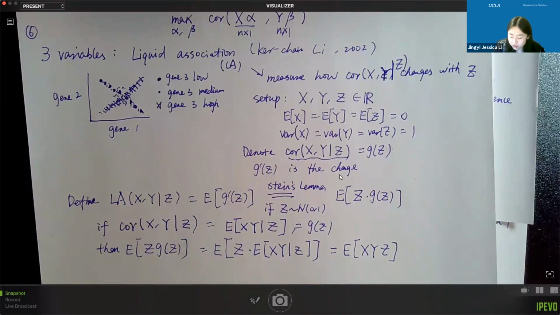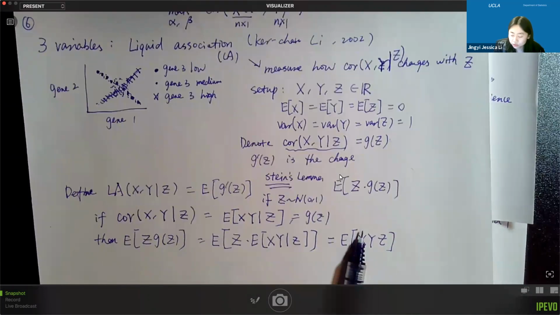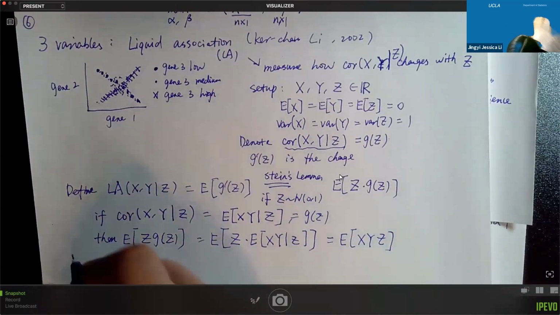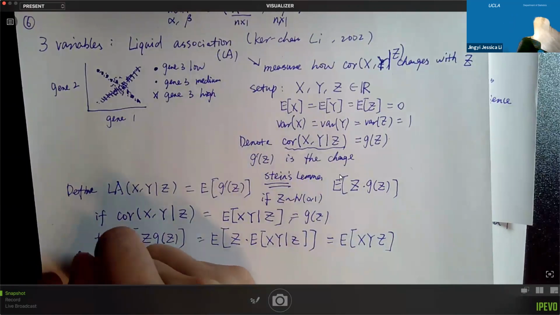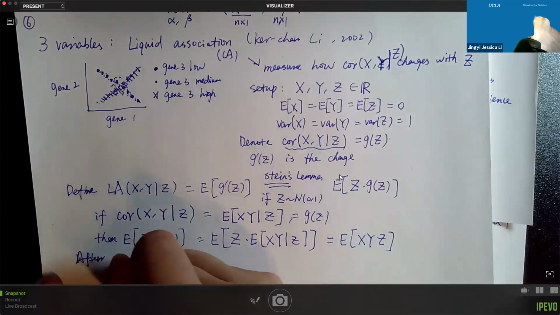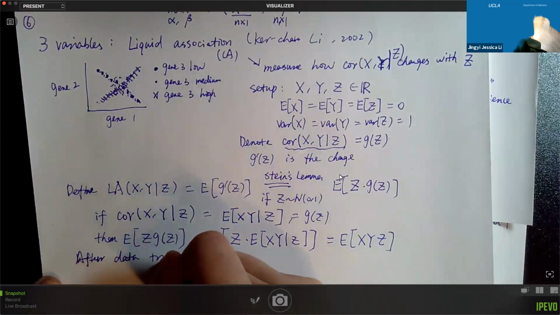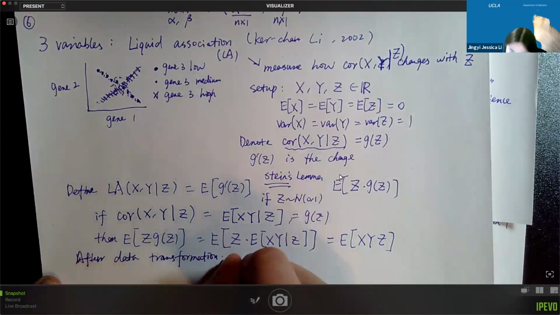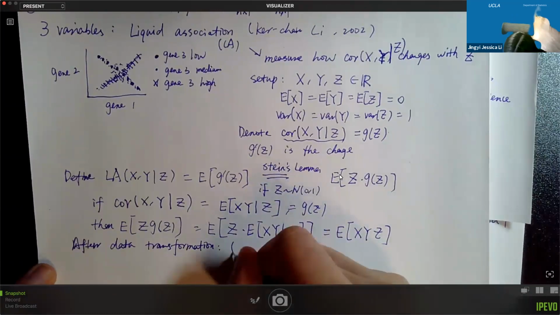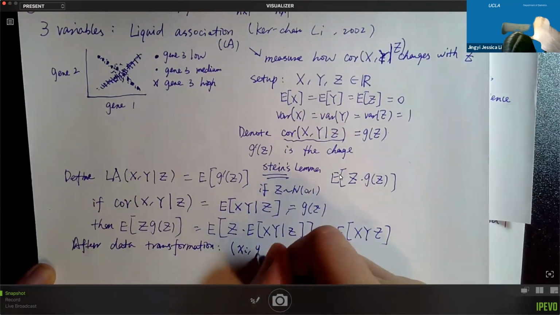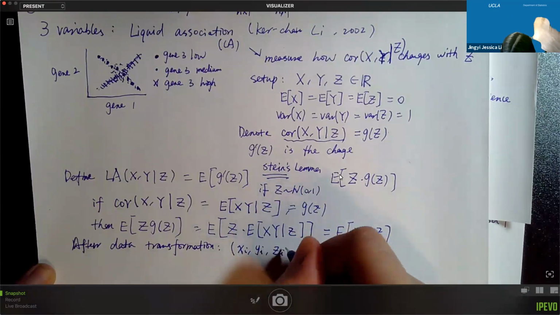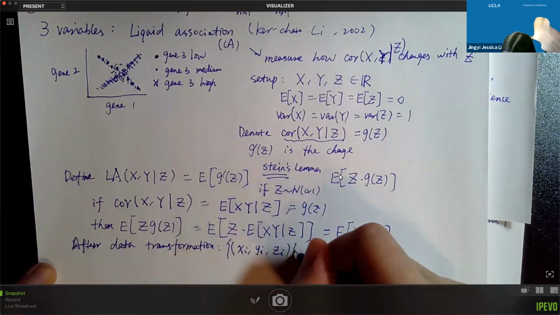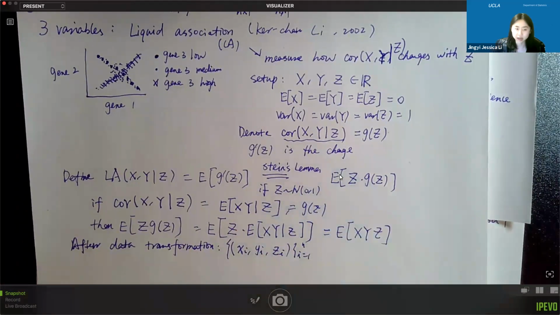So with those, finally, we can go to the sample level. After data transformation, let's say the transformed data are triplets (xi, yi, zi), where i goes from 1 to n. That's our data.